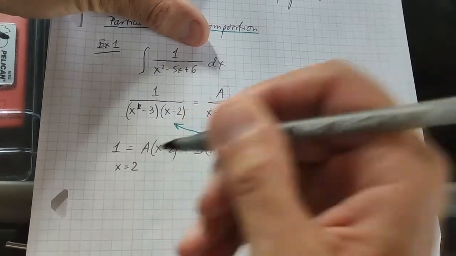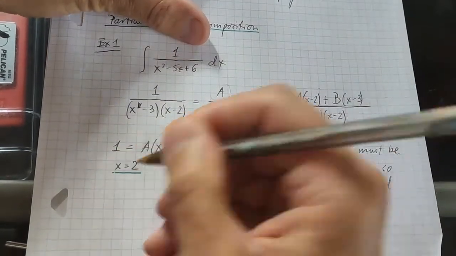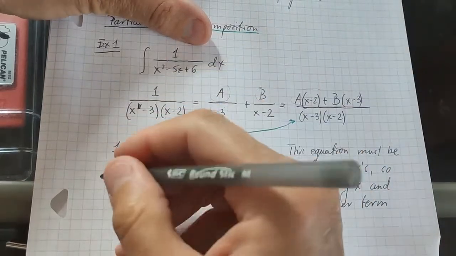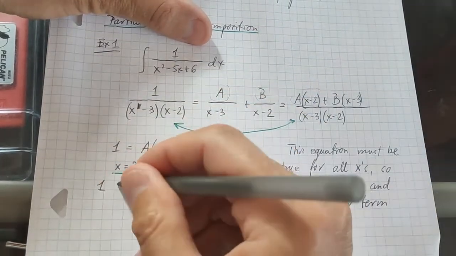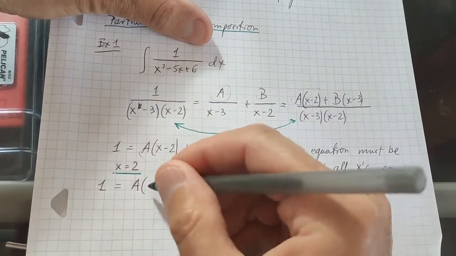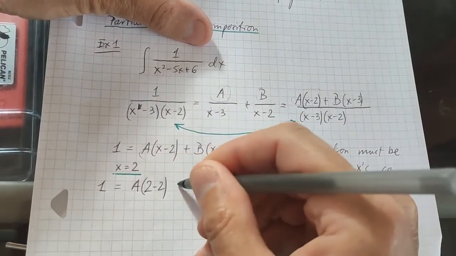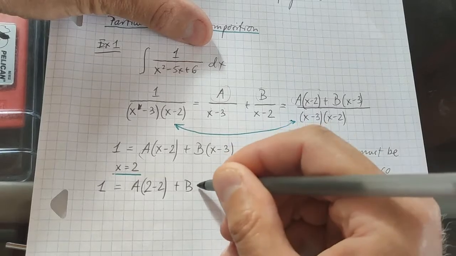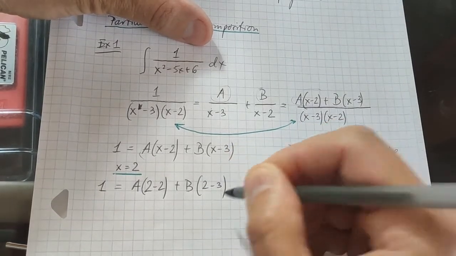That's my first pick. And you can see that if I do that, this term will disappear: a times 2 minus 2 plus b times 2 minus 3.